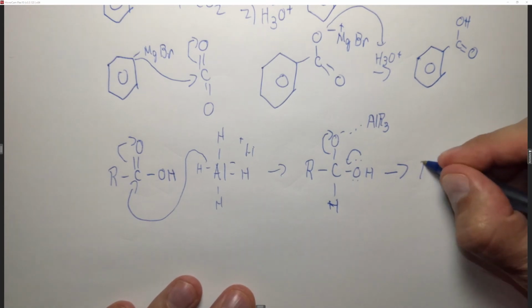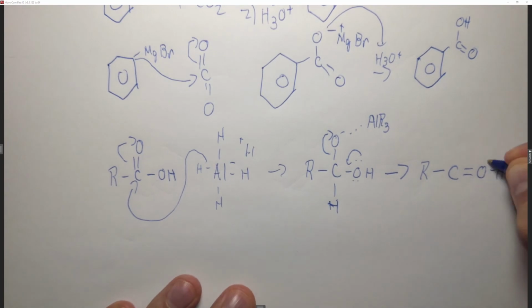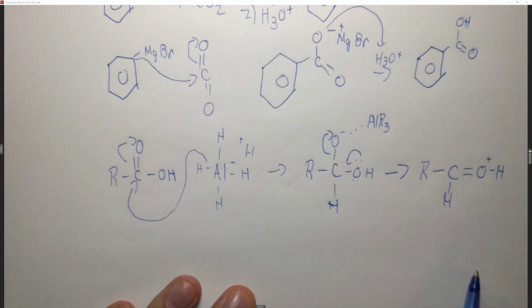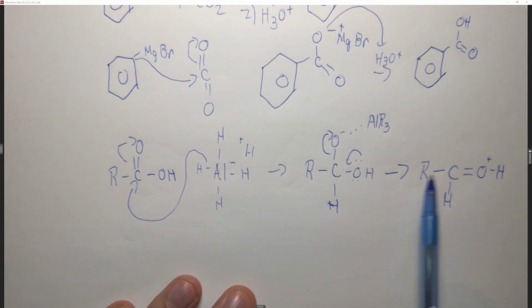So what do we get? We get R bond C, double bond O, bond H. We now have a plus charge. Bond H. We're closer to the alcohol. But instead, what we have is a protonated alcohol. We have a protonated aldehyde in this case.